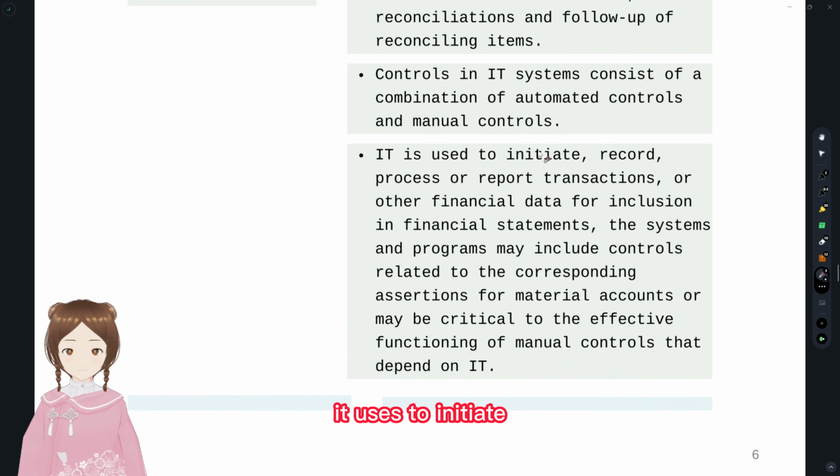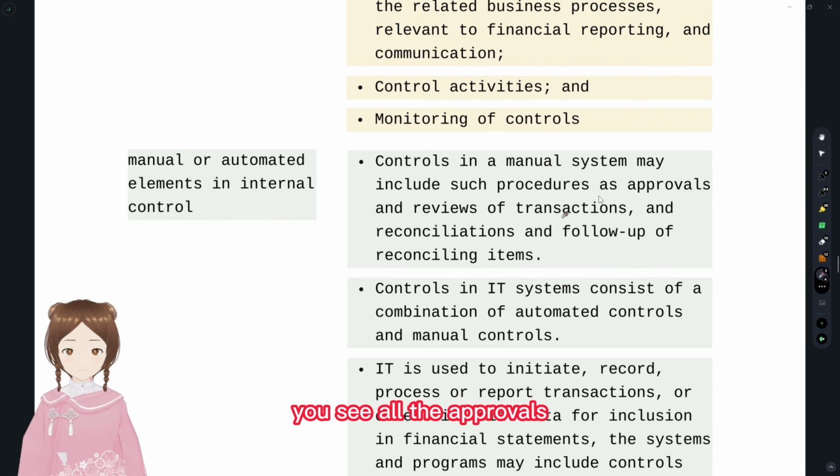Automated work: IT is used to initiate, record, process, or report transactions or other financial data for inclusion in financial statements. The systems and programs may include controls relating to corresponding assertions for material accounts, which may be critical to the effective functioning of manual controls that depend on IT. You see, all the approvals and reconciliations are done manually.